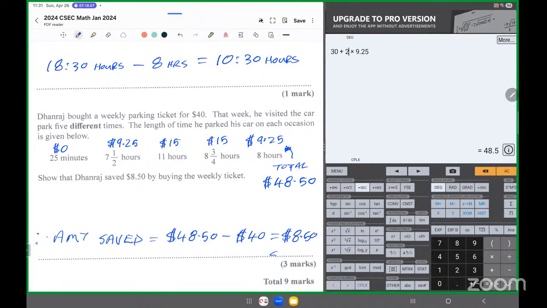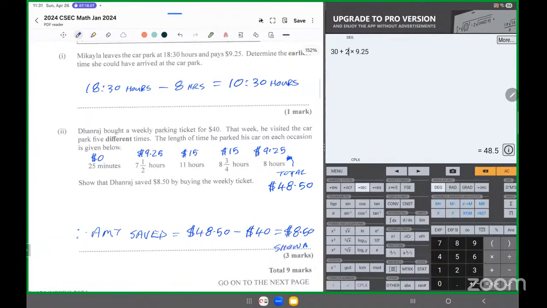And that's what we have shown. All right, so that is it. What I did was put the amount that you would have to spend up here if he was paying each time. That $8.50 is what he's saving by just paying $40 for the week. All right, that finishes that question.